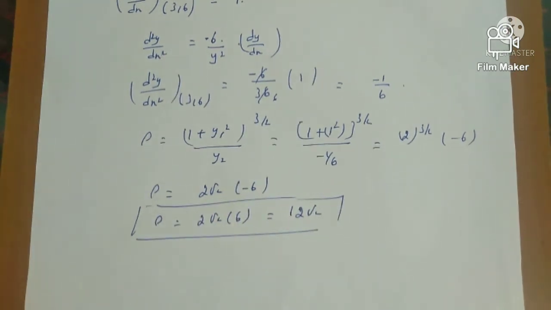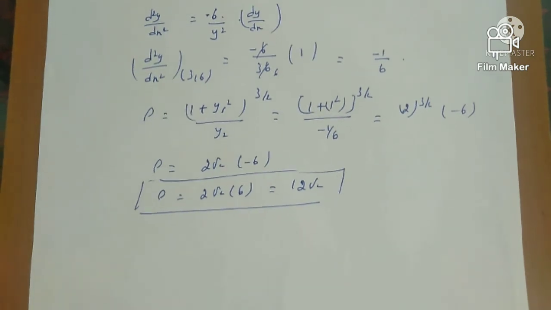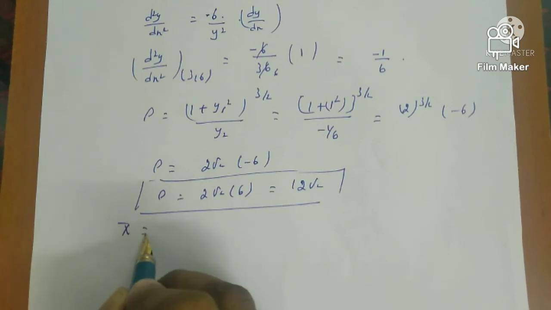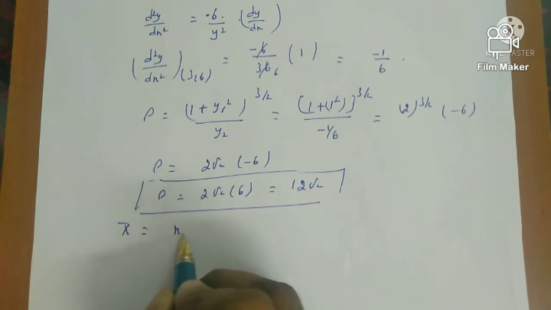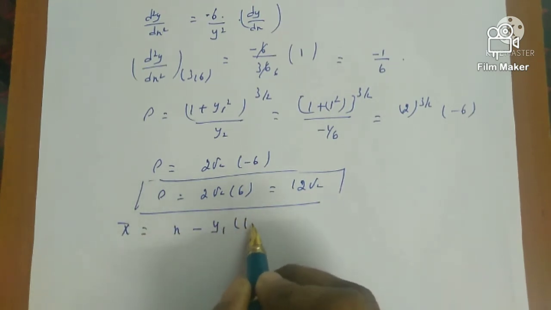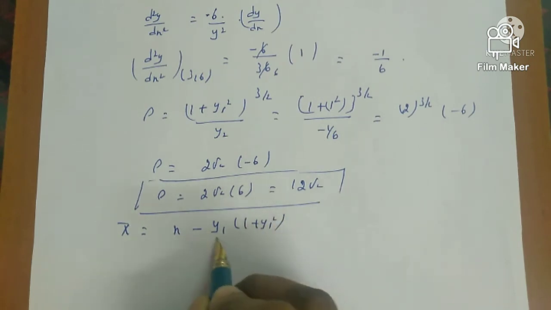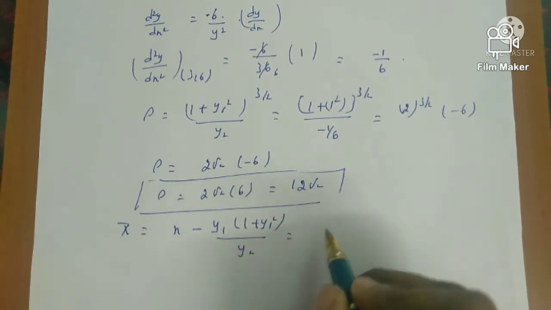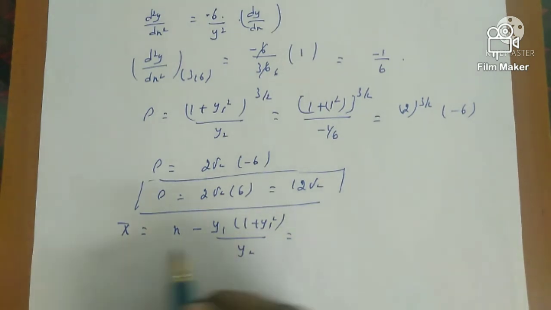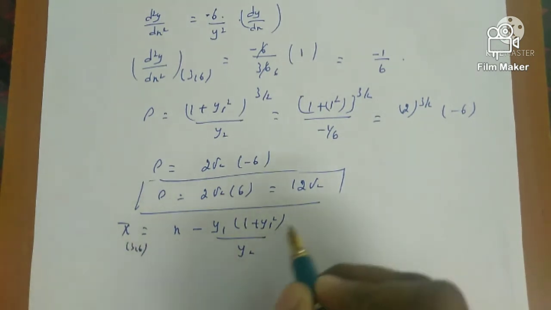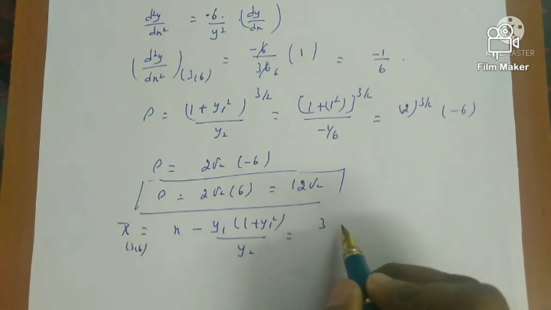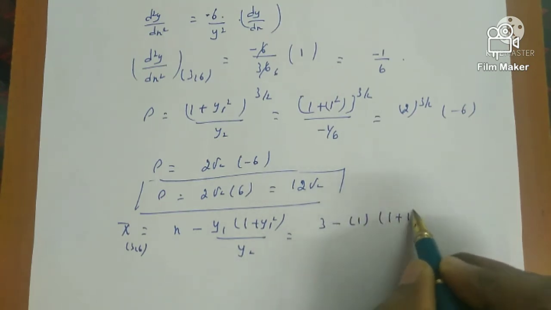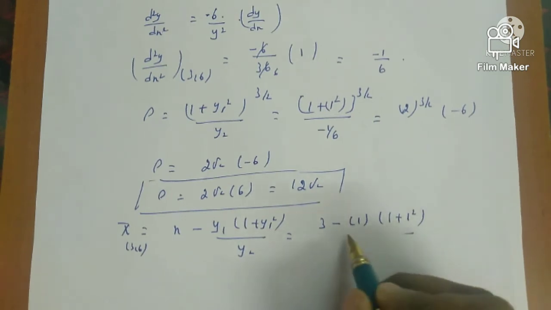Now we are going to find our x bar and y bar. The x bar formula is x bar equal to x minus y1 into (1 plus y1 square) divided by y2. At the point (3, 6), x is 3. So 3 minus dy by dx at the point, which is 1, into (1 plus 1 square) divided by y2.